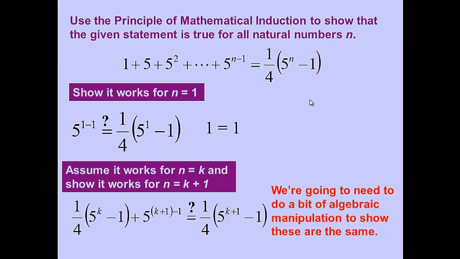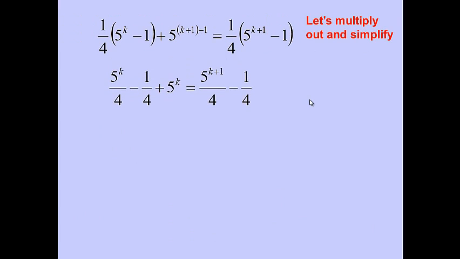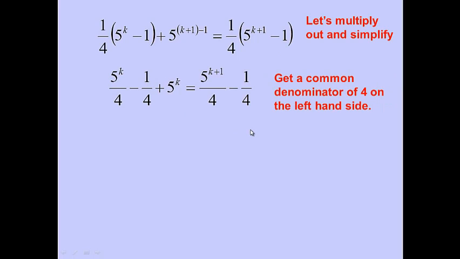This algebra is a little trickier. So let's start with what we have. The first thing we're going to do is multiply out and simplify. So notice here we have 5 to the k over 4 minus 1/4, and then simplifying this exponent, it's 5 to the k. Let's get a common denominator here so we can get everything over 4.